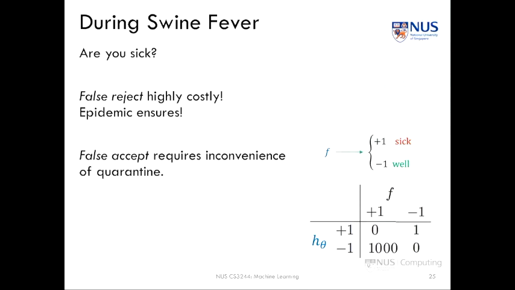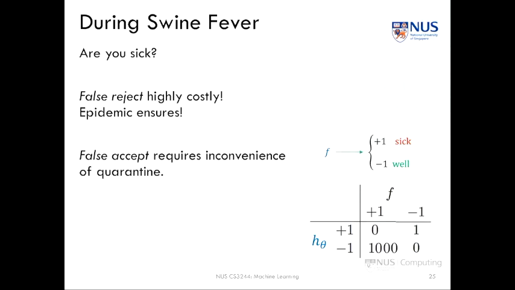What about in the case where there's swine fever? Just in the news recently in Hong Kong, there's this problem that certain people are affected with swine fever, and it's highly contagious. We might ask ourselves again, are you sick? In this case, a false reject is highly costly.